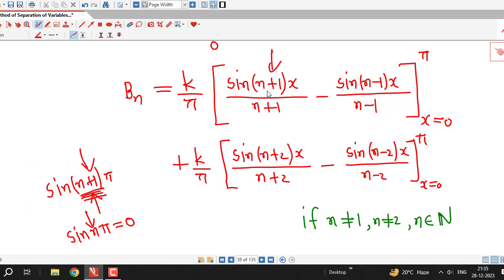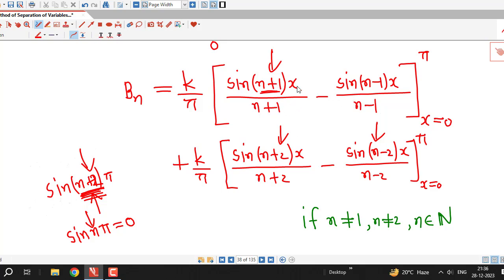Because n is a positive integer, n plus 1 is also a positive integer, therefore this is going to be 0. Same thing here, sine (n minus 1) into pi is also going to be 0. Same thing for (n plus 2) into pi, and same thing for the last term. So when x equal to pi, all these will become 0.